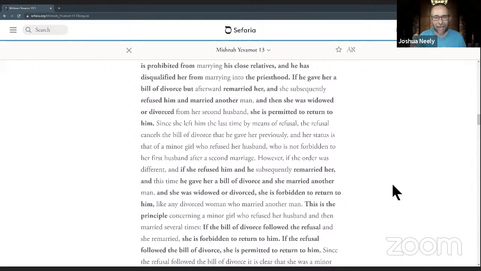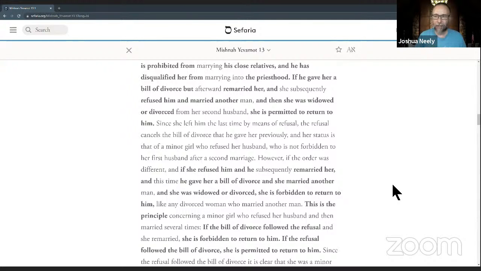But you'll notice he actually married her twice. The first time they betrothed and he divorced. The second time they got remarried, rebetrothed, and she refuses him. And then she subsequently marries another man. And in the way this all plays out, under these circumstances, she is permitted.